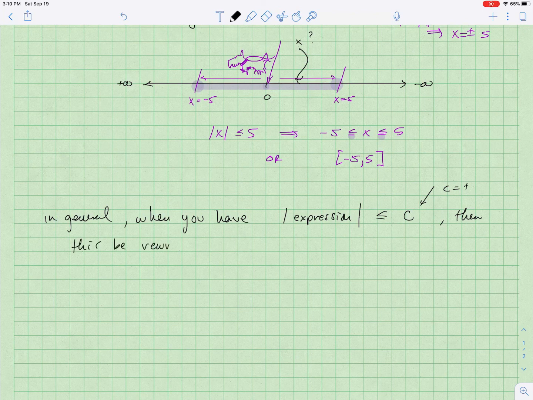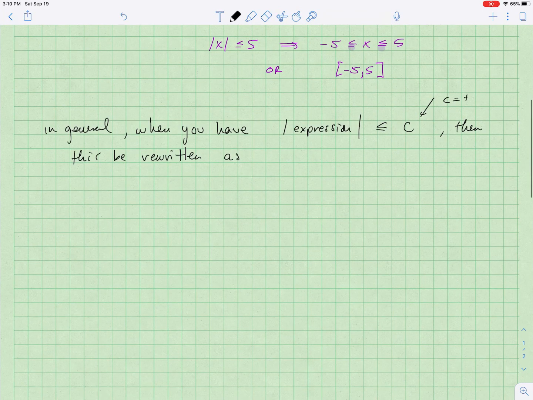And in fact, you should rewrite it as negative c is less than or equal to whatever that expression is, less than or equal to c. I shouldn't even say positive c, because we already know that c is a positive number. So that's going to give us this triple inequality that we have learned to solve previously.